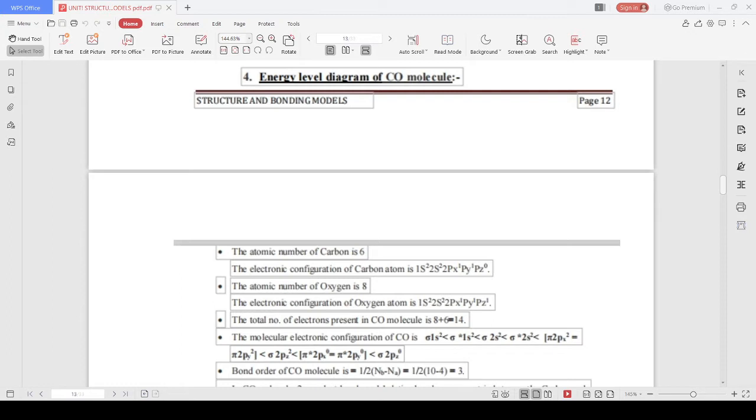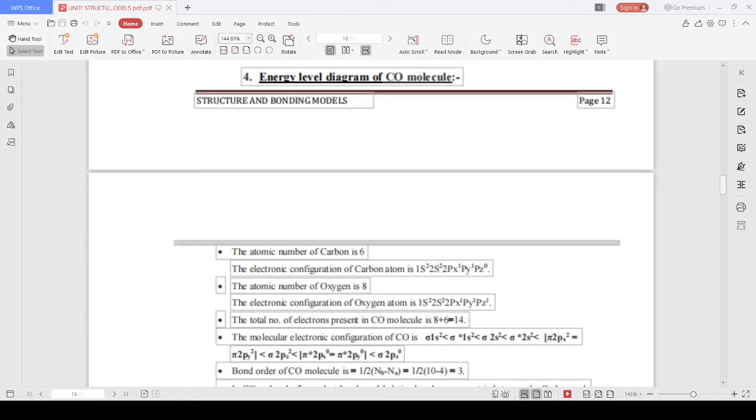So the total number of electrons present in the carbon monoxide molecule is 8 plus 6, which is equal to 14. 8 is for the oxygen atom and 6 is for the carbon atom.